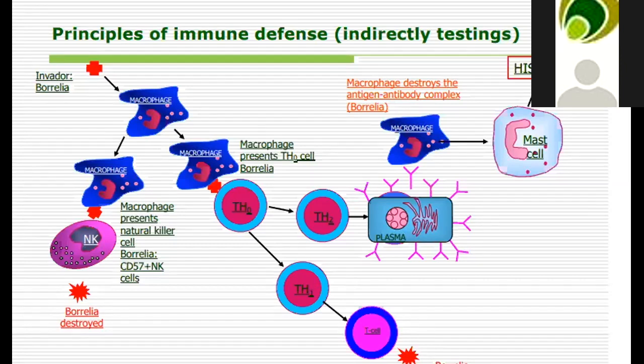On the other side, we all know about the Th2 system reaction, and this is a classical pathway of antibody production. And by the antibody production, the macrophages destroy the antigen-antibody complexes, including Borrelia. And in the end, you all know we have the histamine release, and I did a talk yesterday in London about that.